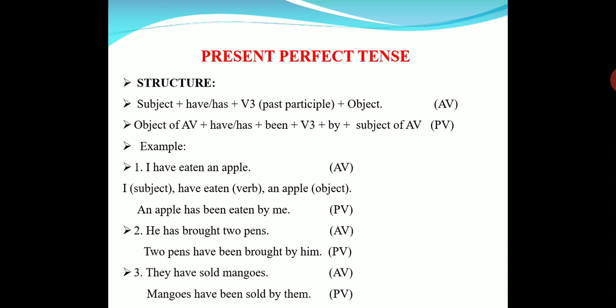Object is mangoes. Object becomes subject. Mangoes are plural. We use have. And what is the be form? Been. V3 sold. By. They becomes them in the place of object. Total sentence: mangoes have been sold by them.